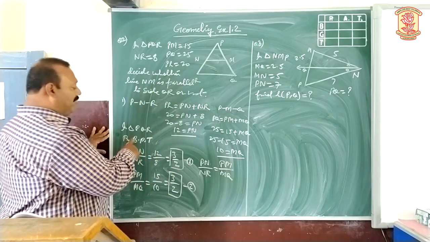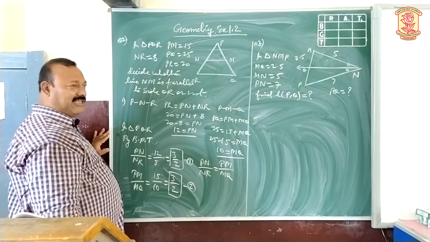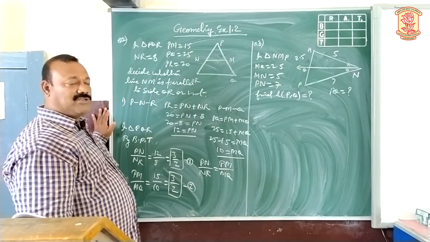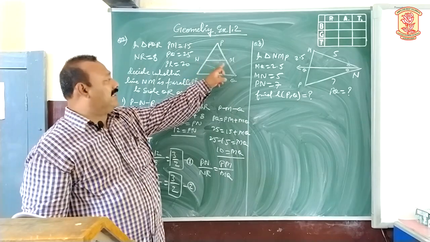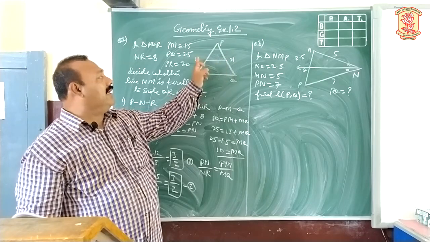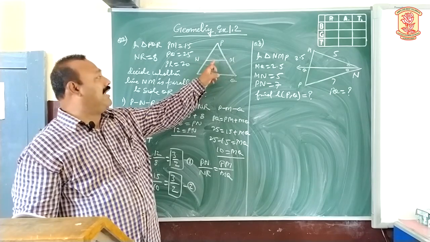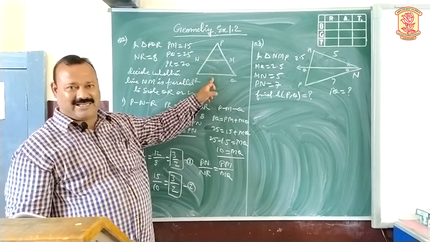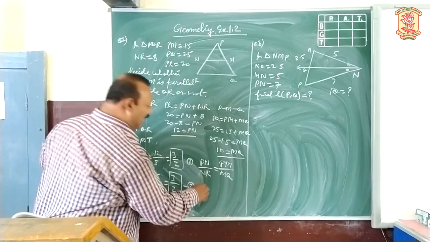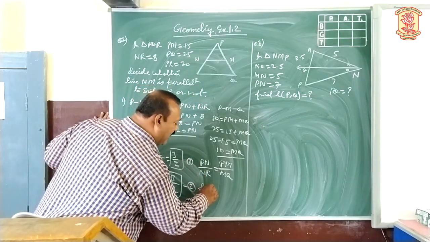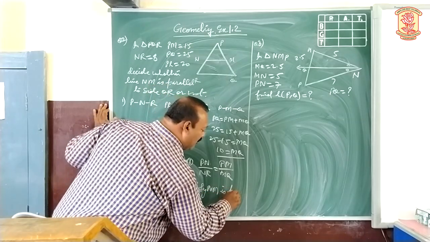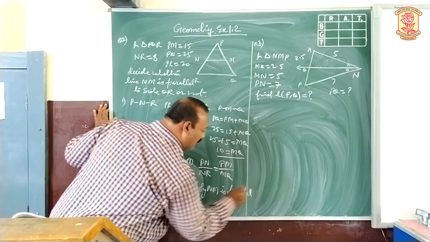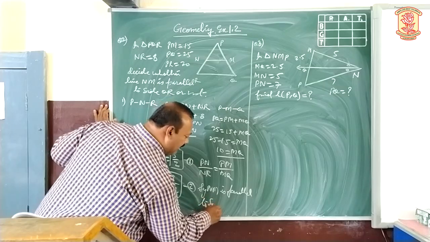Now directly we made use of the basic proportionality theorem. What is the basic proportionality theorem? In any triangle, if a line divides any two sides of a triangle in the same ratio, then that line is parallel to the third side. For example, which is that line now? Segment NM. You can say here segment NM is parallel to side QR.